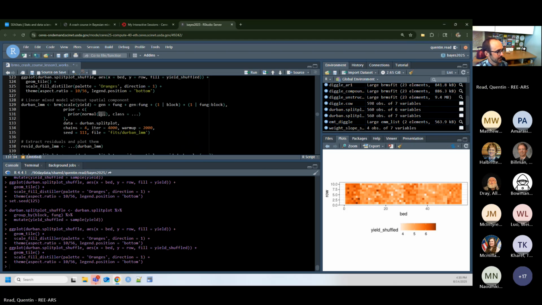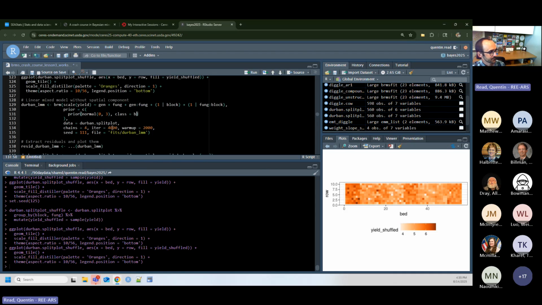And I've just decided to put a prior with a mean of 0, standard deviation of 3. 3 standard deviation units is a pretty weakly informative prior because it puts the most probability on effects near 0, but has a decent probability of pretty large effects. A 3 standard deviation effect of yield would be quite large. And that prior is on the fixed effects.